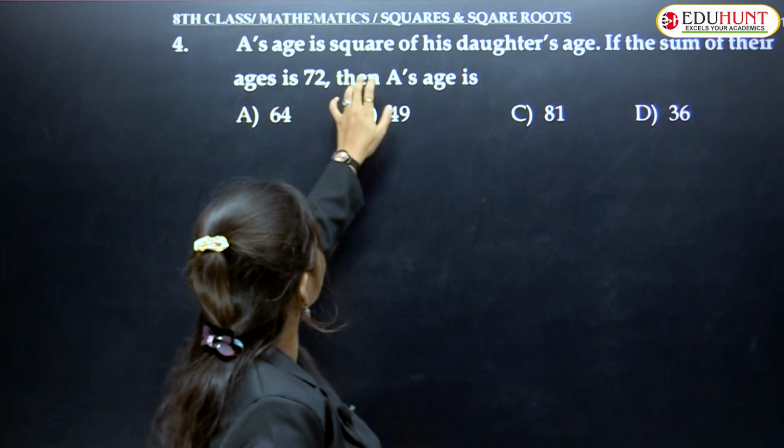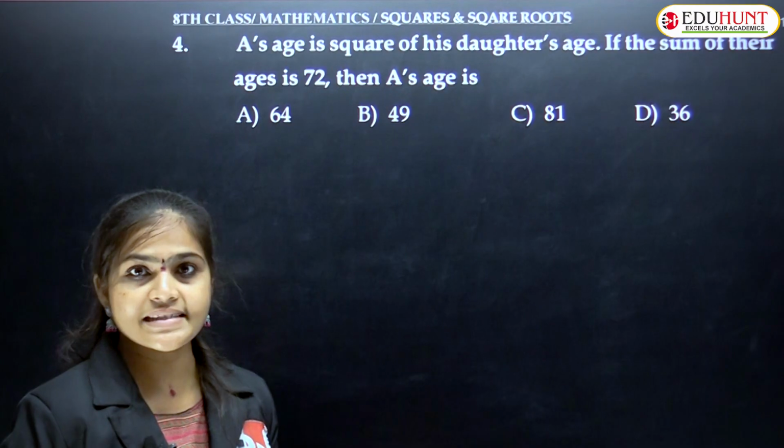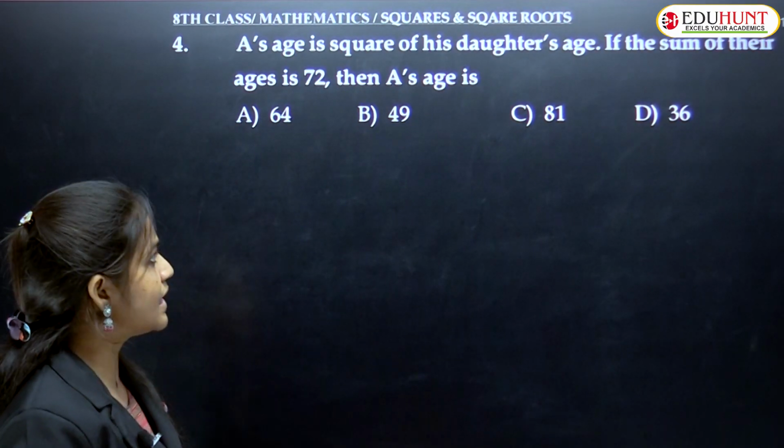A's age is the square of his daughter's age.